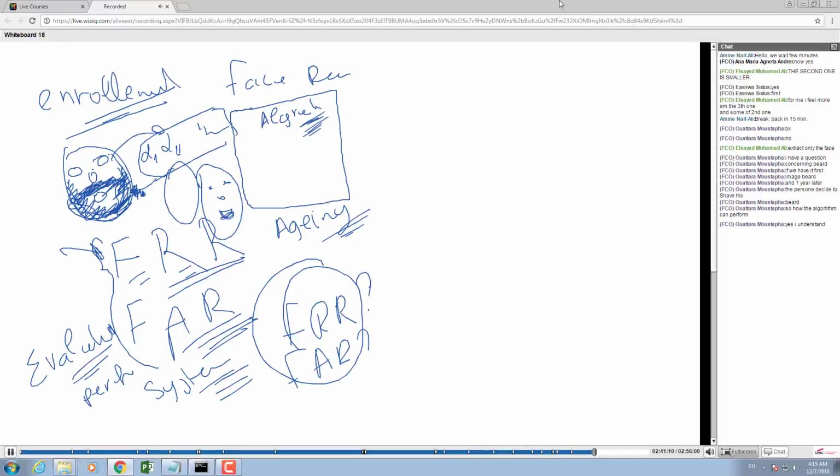So you have to create a big database, yes, and you have to say what the FRR and the FAR are, because these parameters are indicators about the quality, sensitivity, and robustness of the system you develop.